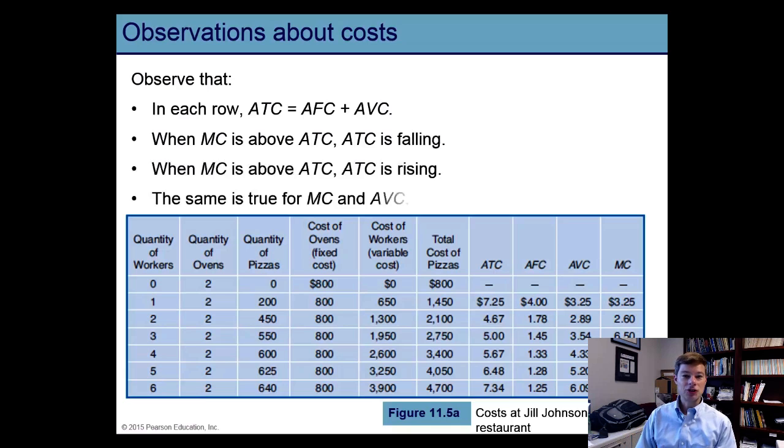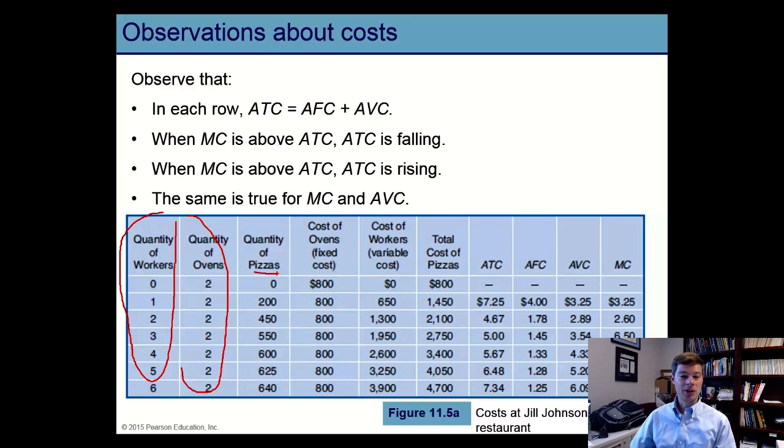I'm going to show you a table where we actually calculate some of these costs. First, let me indicate what the two inputs are that we're using in the production process. One of the inputs is workers, and the other input is ovens. Now, in this table, you'll notice that we're producing output, and the output is pizzas.